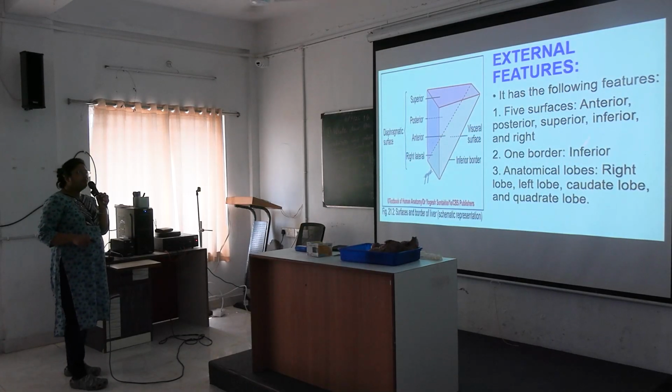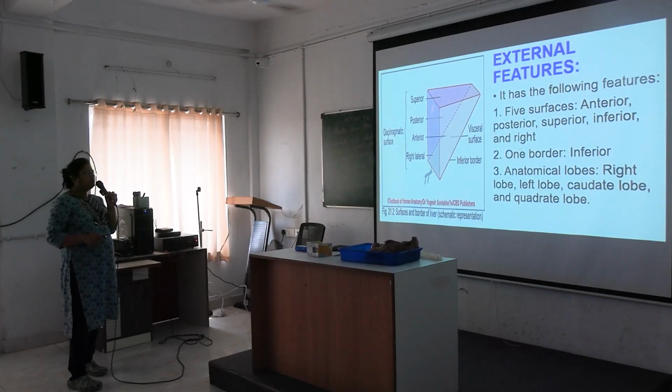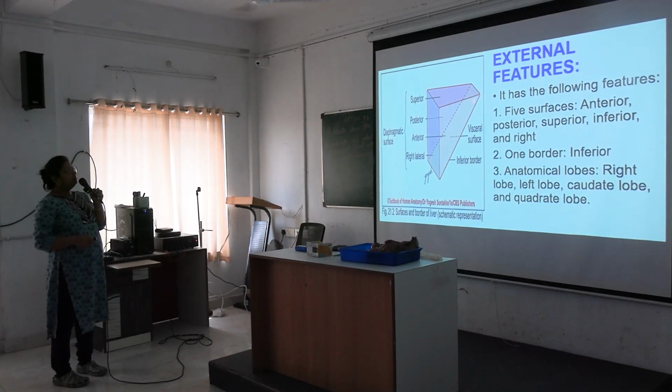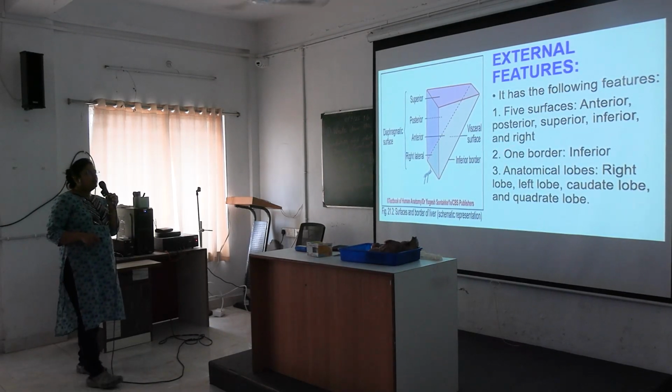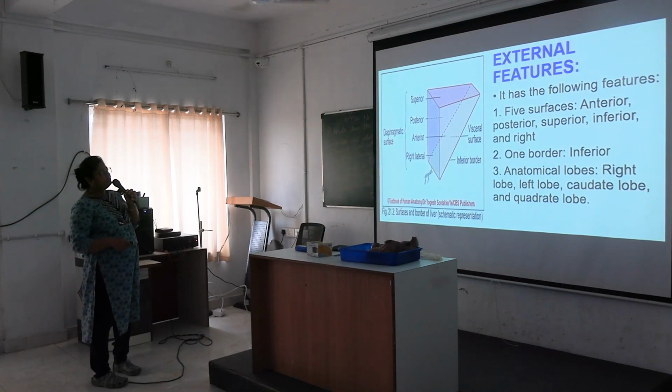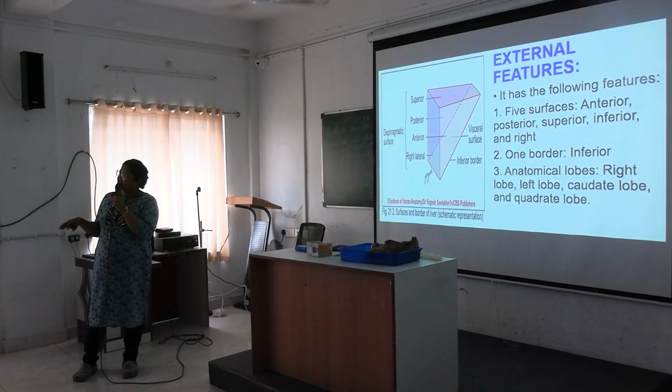It has 5 surfaces: anterior, posterior, superior, inferior, right. Okay, superior, inferior. Here is the anterior, posterior, and the right lateral. These are the surfaces. The inferior surface is also known as visceral surface because it is coming in relation to a number of viscera.